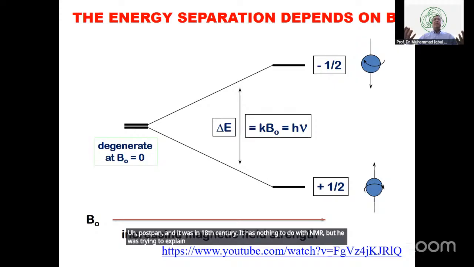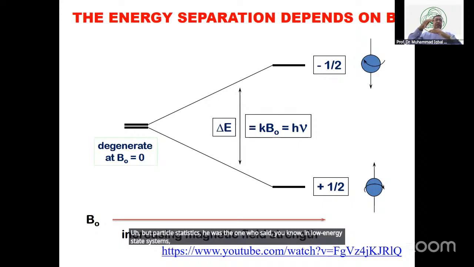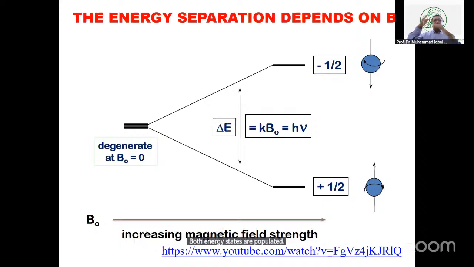He was a mathematician with a lot of experience in particle statistics, and he said that in low energy systems, both energy states are populated. He was talking in the context of atoms and others. He mentioned that the difference between the two energy states is too little, that there is just a small excess of population in the low energy state. And that is called the Boltzmann distribution.